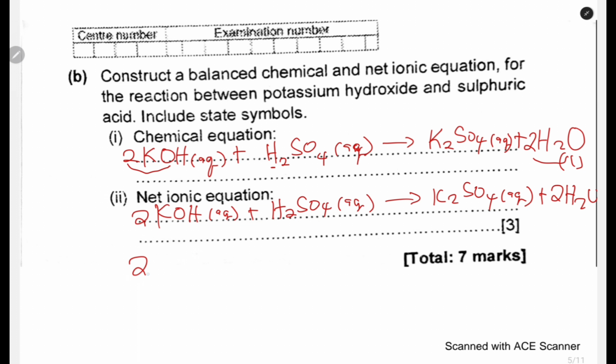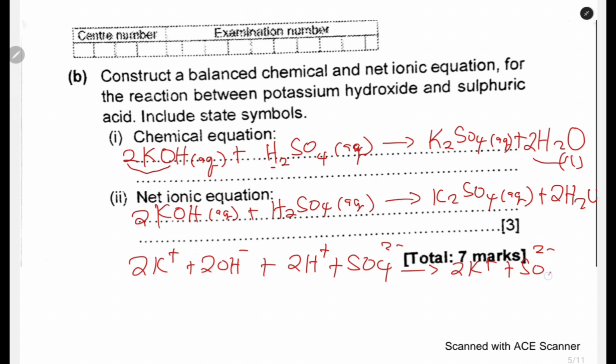It's going to be 2 potassium ion plus 2 hydroxide ion, plus this is going to split to be 2 hydrogen ion plus sulfate ion. Then the other side will only have potassium sulfate in aqueous, so it will be 2 potassium ion plus 1 sulfate ion, plus 2 water molecules.